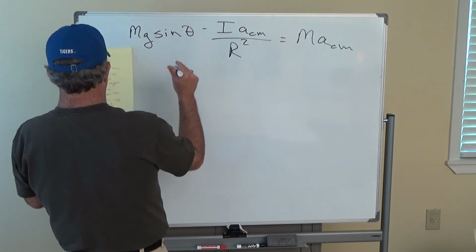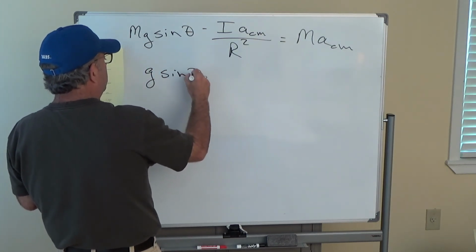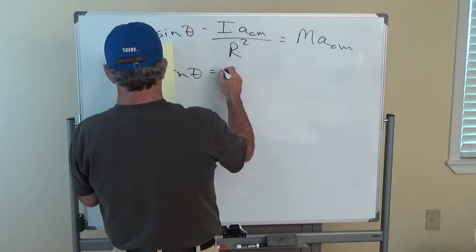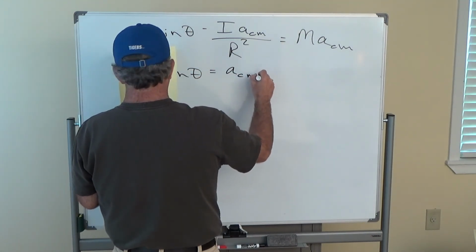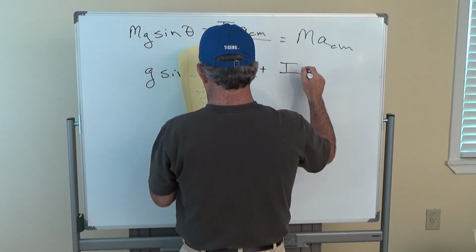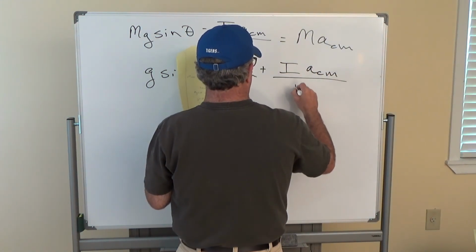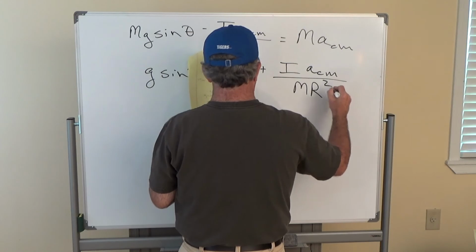and you get g sin theta is equal to a center of mass plus I a center of mass over m R squared.